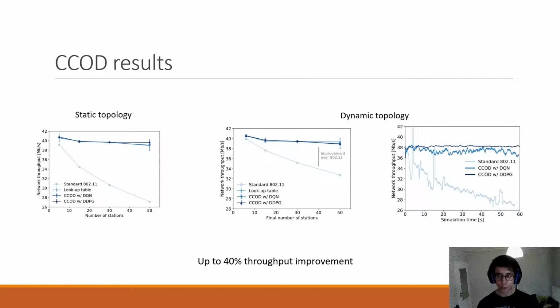Take note of how quickly the performance of the stock 802.11ax CW control mechanism deteriorates with the increasing number of stations. With 50 devices competing for the medium, the CCOD noted an improvement in throughput of over 40%.